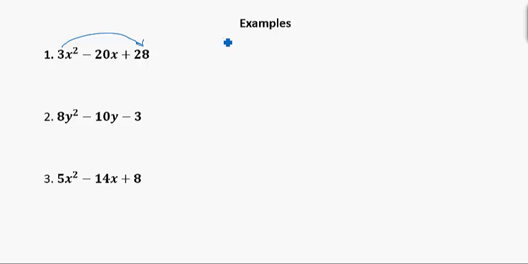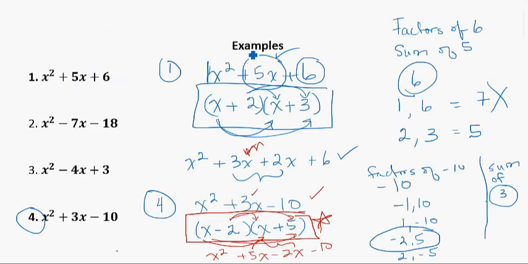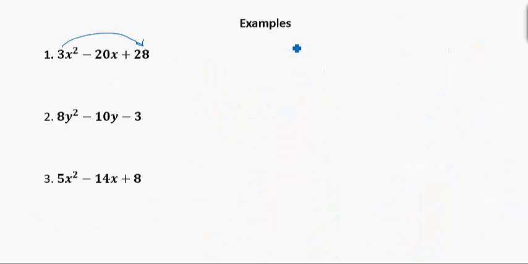So this time, instead of looking for factors like in the previous problem, where we looked for two numbers that when we multiplied them gave us 6 and when we added them gave us 5, it's not quite so easy, because we're not just looking for two numbers that multiply to give you 28. We have to take that 3 into consideration.